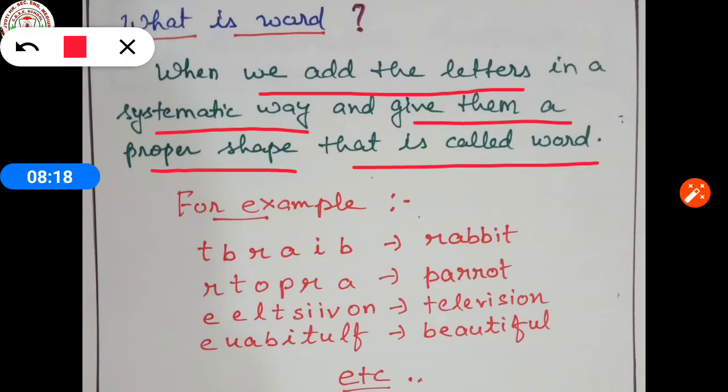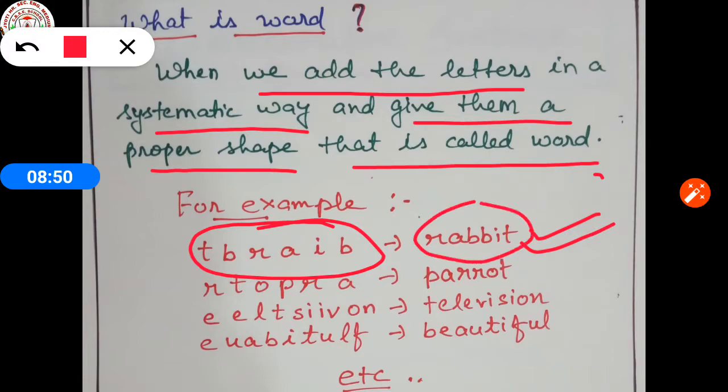So, if we arrange the letters in a proper way, then we can give them a proper shape, and at that time we can say this is a word. See the example here. These letters are not properly arranged. These letters are totally meaningless. But when we arrange the letters properly, then we can say this is rabbit.